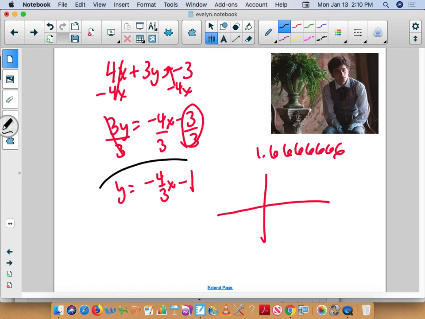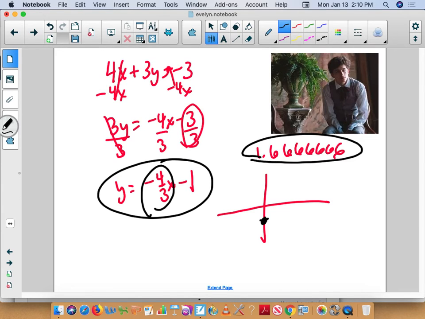Here, girls, my y-intercept is negative 1. And how I'm going to get my next point, I'm going to count down 4 and over 3. Susan, if we have a decimal, I don't have a rise over run. I like going down 4 and over 3. So fractions are really good right now for us for slope. There'll come a day where I use decimals for slope. Probably not in here.